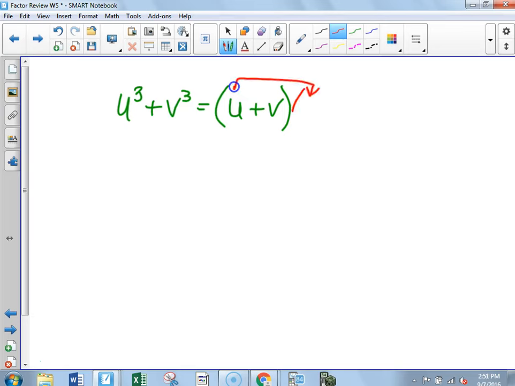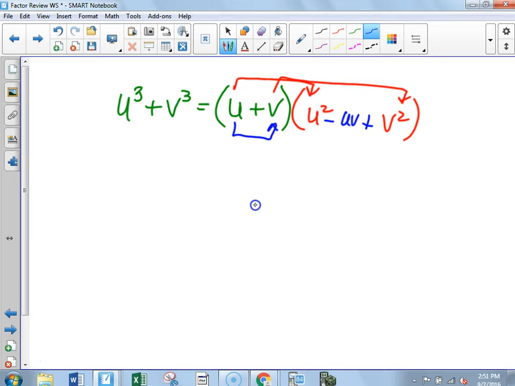Then you square this one and you square this one and put it at the back. And then in the middle you do this times this, which is a uv. And if this was a plus, this stays a plus, and this one goes minus plus. Okay? I don't know if you remember this pattern from last year.